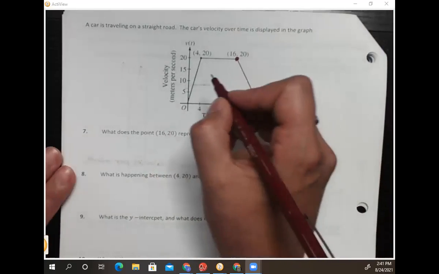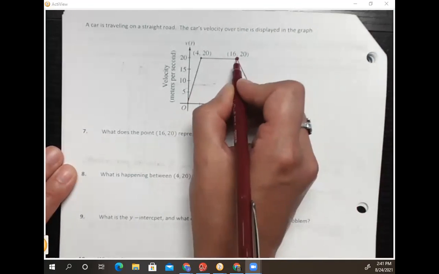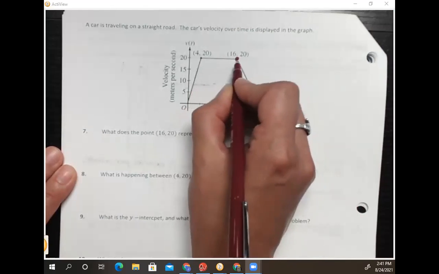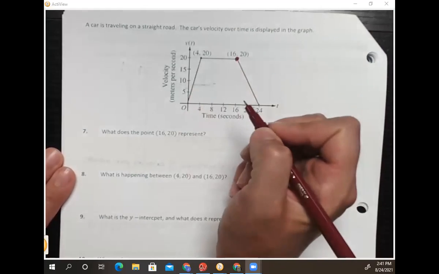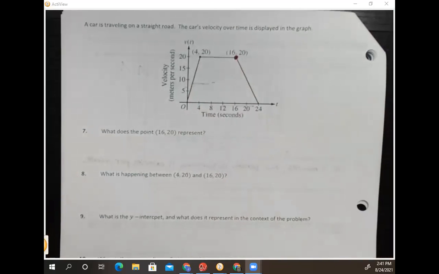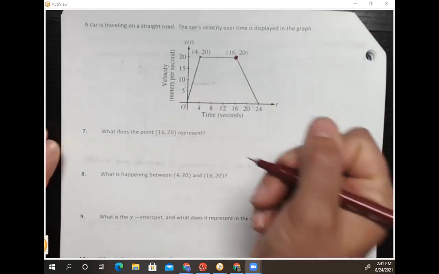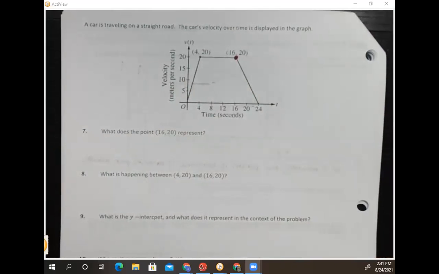If I take a look at the general path, I can see that's the end of this period where they've maintained a constant velocity. Good. If we pull away from looking at that general trend, and I want to know this point specifically, what does it tell me?